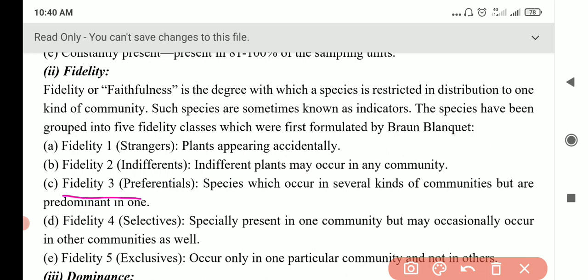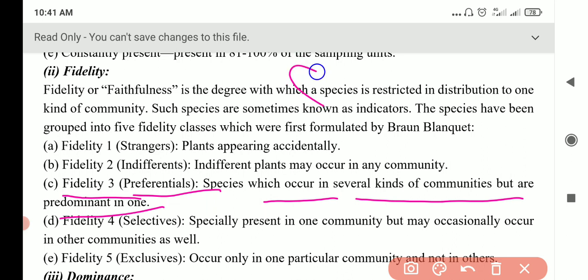Now fidelity 3 are the preferentials, those that occur in several kinds of community but are predominant in one. So these are species that can live anywhere, just like Eupatorium. It can live all over the country. There are different kinds of Eupatorium, like in India.